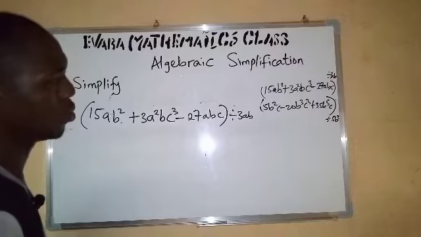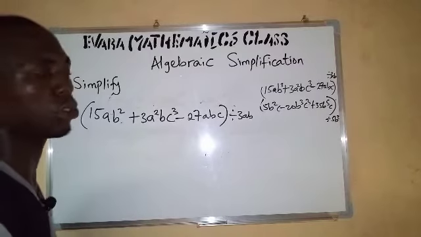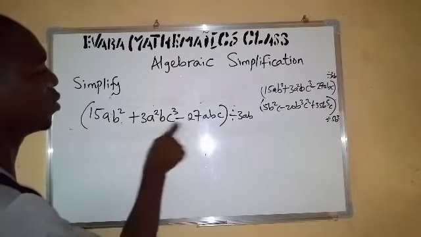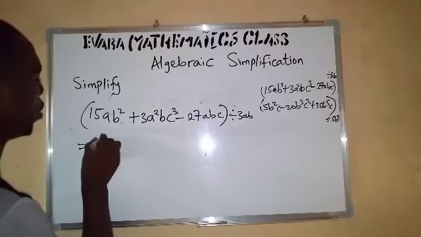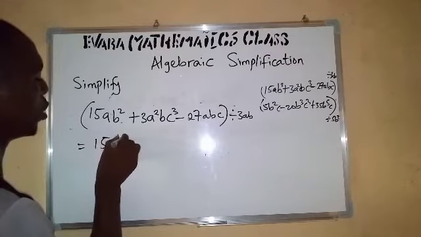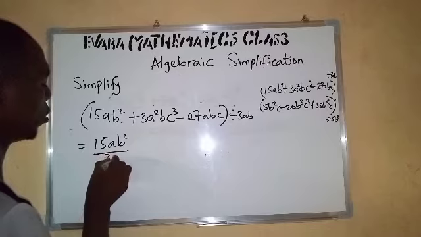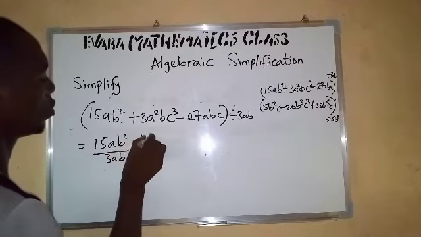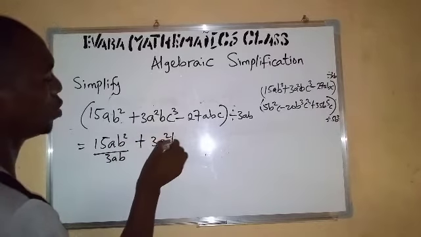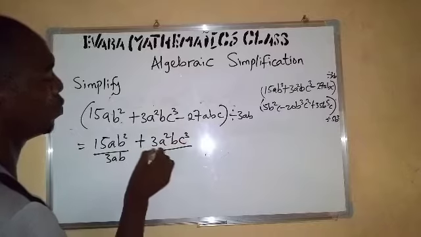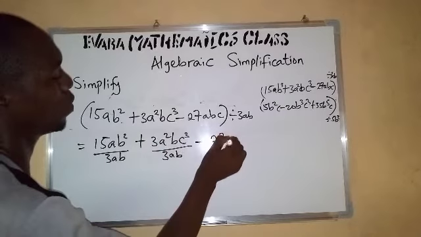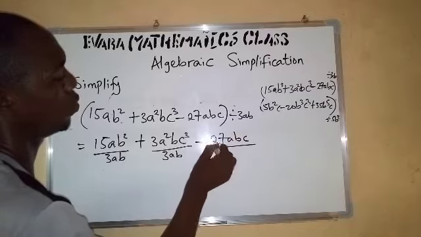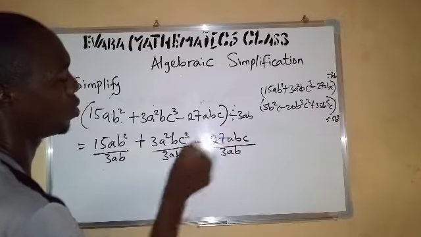So the same thing that we did in the first question, we have to divide each of these terms by 3ab. So that will be 15ab squared over 3ab plus 3a squared bc cubed over 3ab minus 27abc over 3ab.